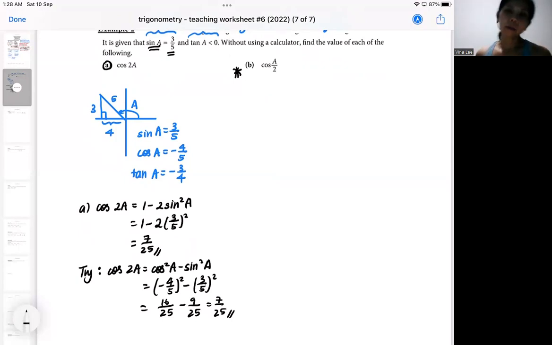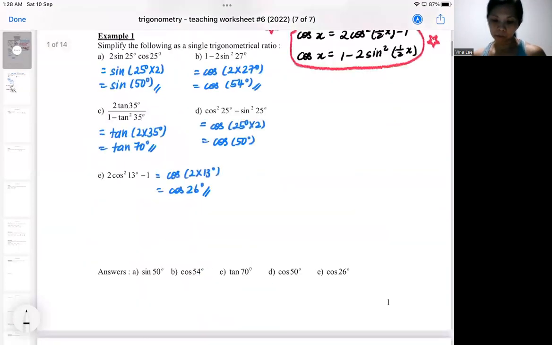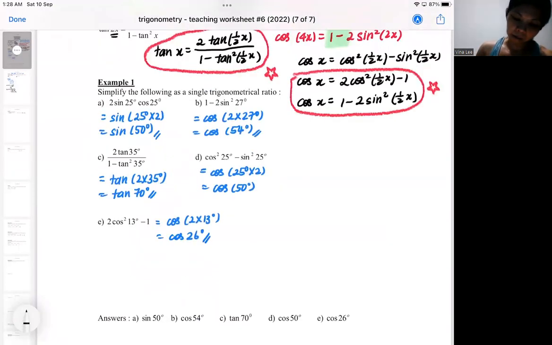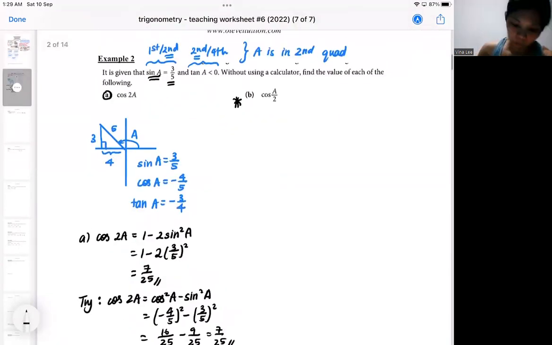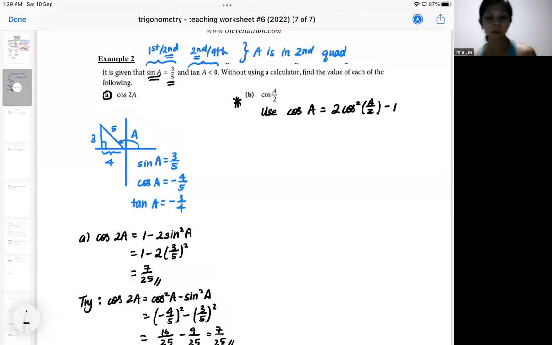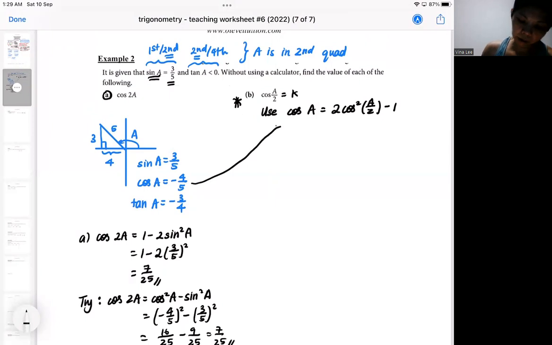So this is the one where we're going to use the half-angle formula, this part. I am going to use cosine A equal to 2 cosine square A/2 minus 1. Okay, it will be easier if you let it be k and you use the cosine that you already gotten.